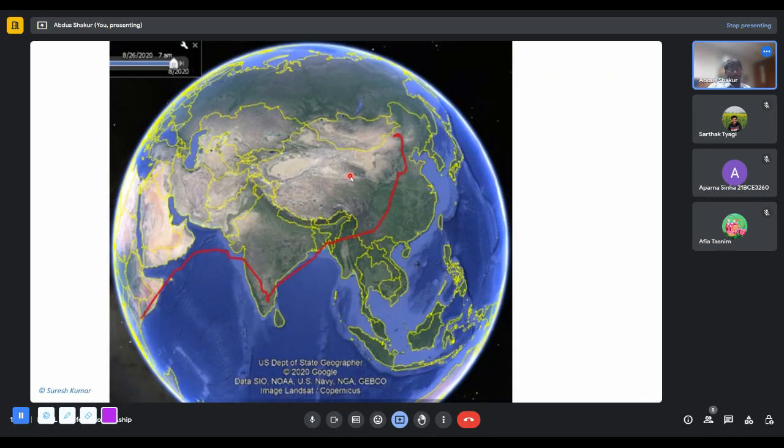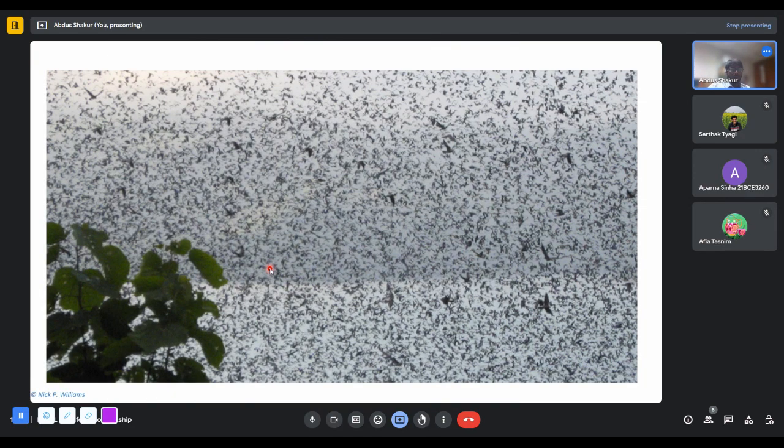So they come into northeast India, and then go into Africa. What was happening was they were being hunted by the local people, and this was a conservation issue, especially since most species during migration are much more vulnerable.